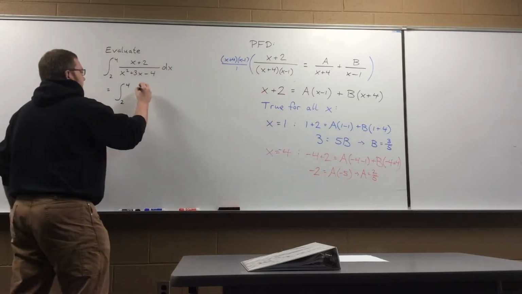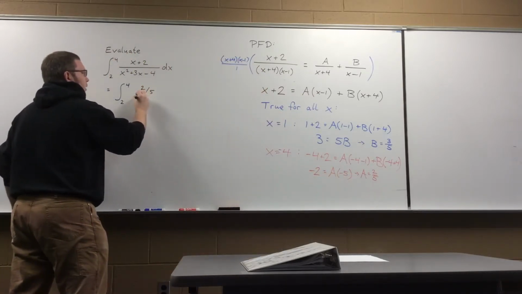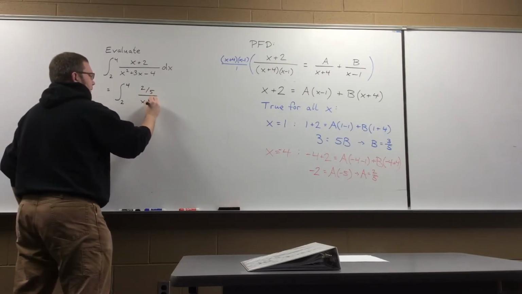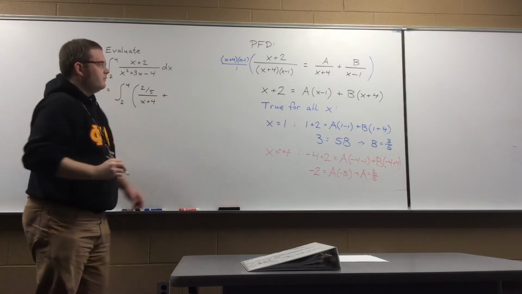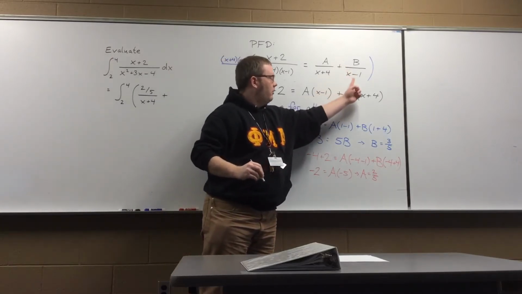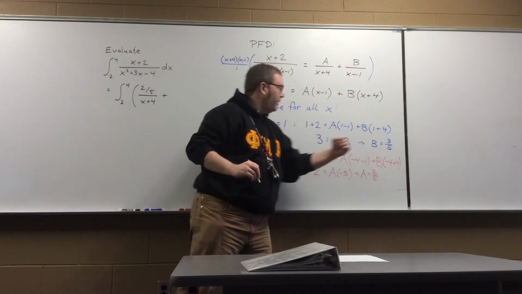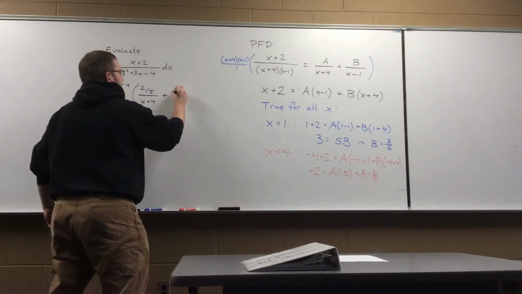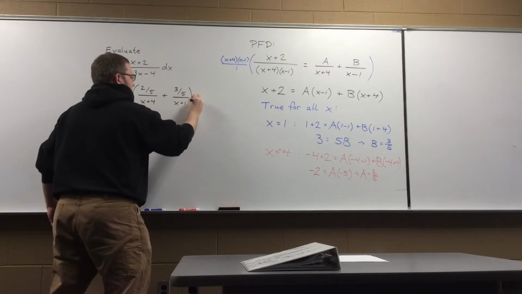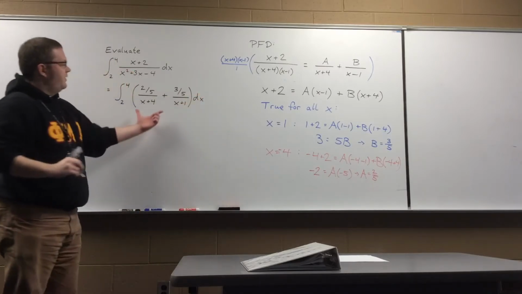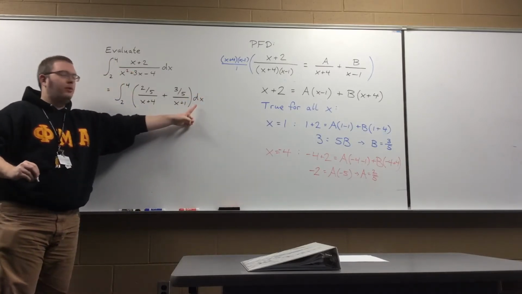So I'm going to refer to this as 2/5 over x plus 4, plus, we also said b over x minus 1. We calculated b to be 3/5, so this would be 3/5 over x minus 1. All of this goes inside parentheses, and we throw on the dx at the end.